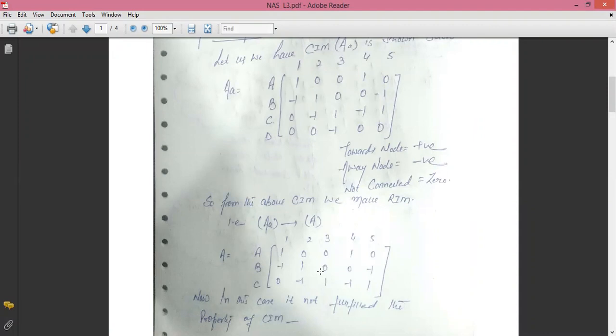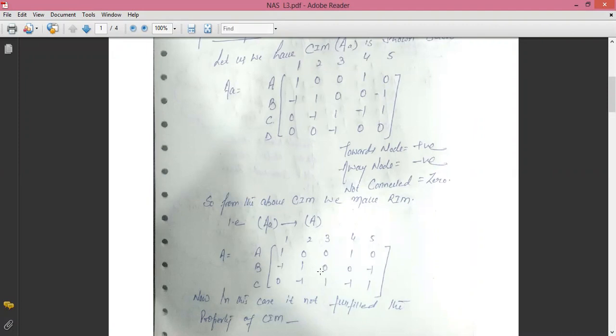So here you can see how a CIM, that is capital A and small a, is converted into RIM, that is capital A. We only have to delete the last row of the CIM, and when I delete the last row of the CIM, the ultimate matrix obtained is called your RIM.